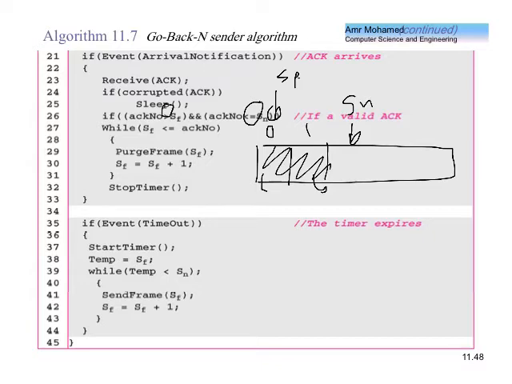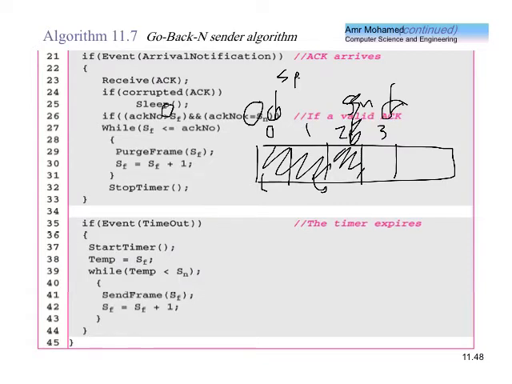Here we use the concept of accumulative acknowledgement, which means that if I receive an acknowledgement, let's say that this is 2 and I receive an acknowledgement of 3. SN is here and I receive an acknowledgement of 3.